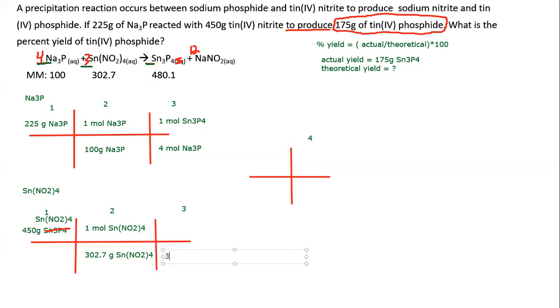The 3 goes on the bottom because we're starting with tin-4 nitrite, and 1 mole of tin-4 phosphide goes on top. Now in slot 4, this is the mass of the product we're interested in. Since it's tin-4 phosphide, the grams go on top and the mole goes on the bottom. Now we need to see which one produces the fewer moles of product.